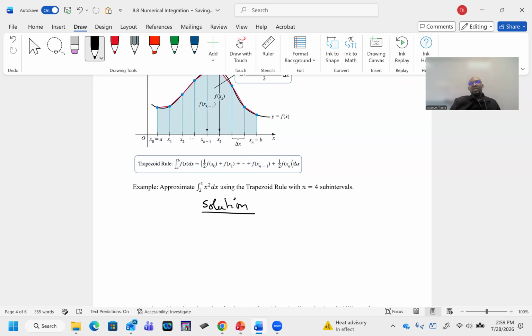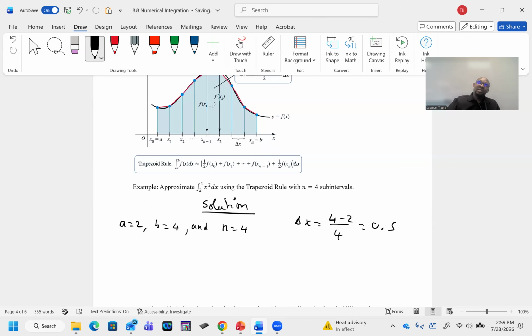The grid will not change. We know A is 2, B is 4, and n is equal to 4. So our delta x will be what? 4 minus 2 divided by 4, which is 0.5.